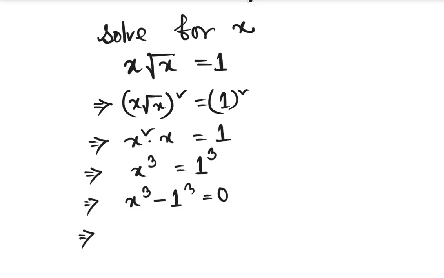So we know a cubed minus b cubed equals (a minus b) times (a squared plus ab plus b squared). We have to have the factors so we can determine the value of x.